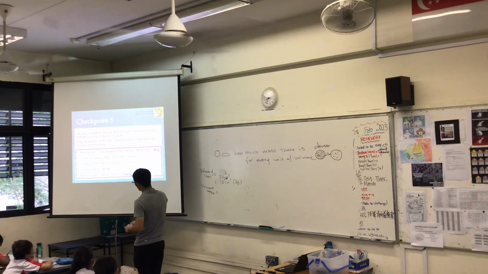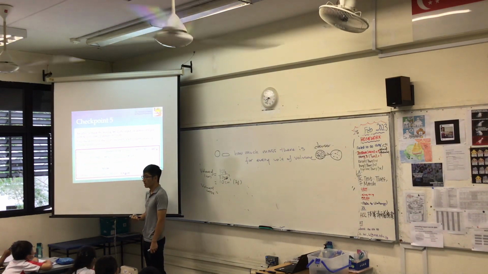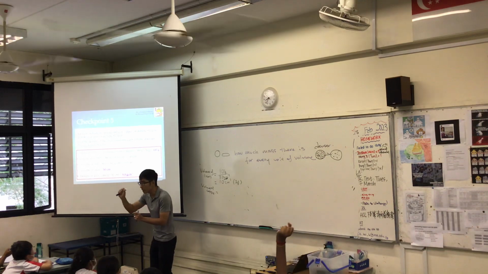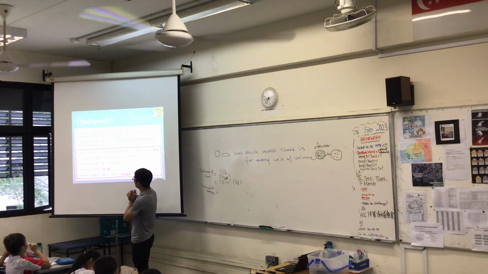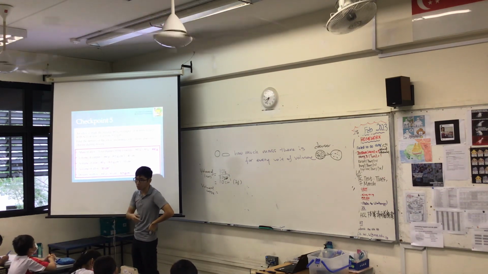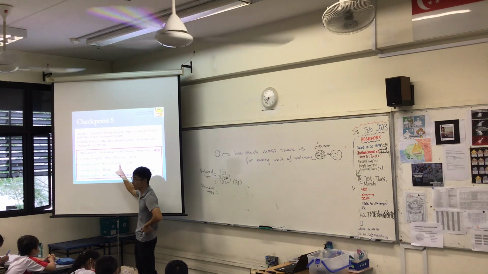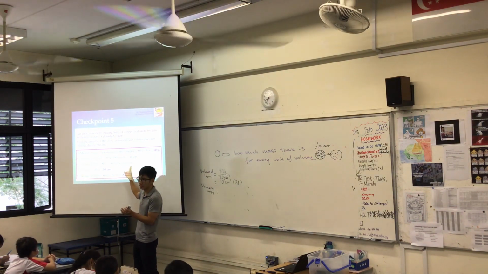Okay, good question. You have to write units for every number. Every step that you do, you need units. But I think as you go up the levels, the teachers won't be as particular about whether you write units here. They are more particular about whether you write units for the final answer.